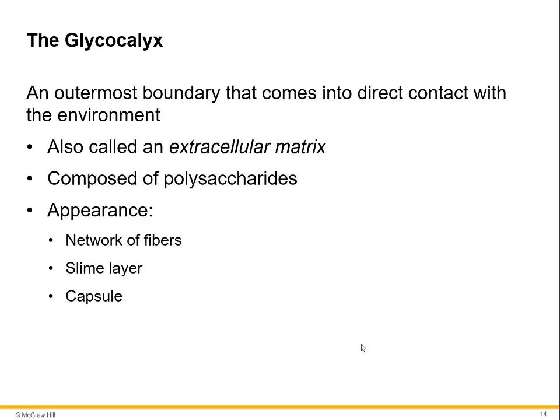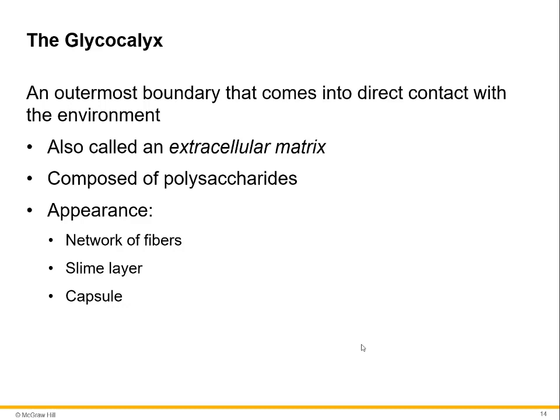It is the layer of fibers, a network composed of polysaccharides, that surrounds the eukaryotic cells and allows those cells, if it's multicellular, to attach to each other and form tissues. It is the external connection to the cell.